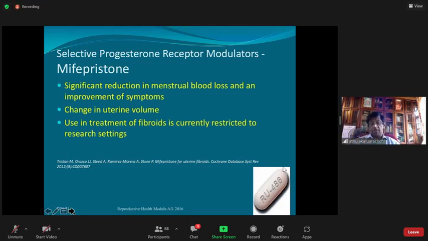Because of that, it's not freely available, but you can use selective progesterone receptor modulators. One of the best examples is mifepristone, to treat the patient and reduce menstrual loss in a patient with fibroids.